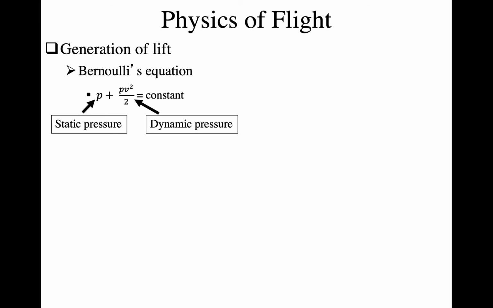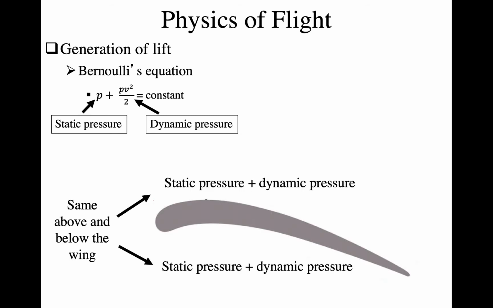So again, just a really simplified example. We've got static pressure and dynamic pressure both above and below the wing, and they have to be the same in both cases. At least the sum of these has to be the same. So that if you have a relatively higher number associated with dynamic pressure, well, then you've got to have a lower number of static pressure on that side of the wing.